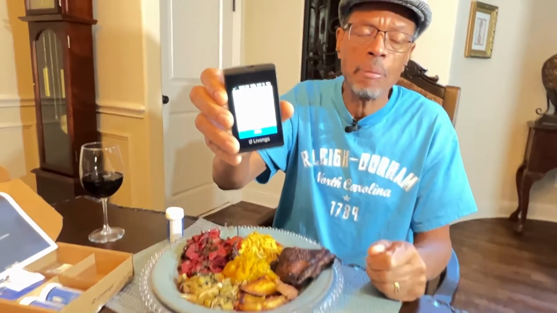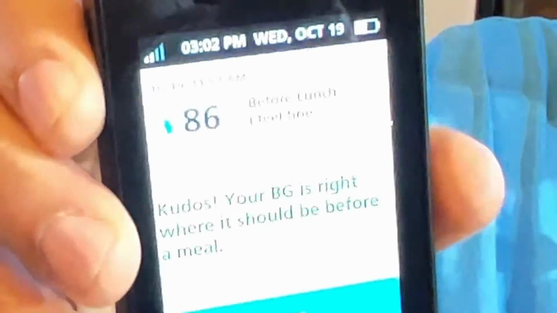So I tested my blood sugar already, but I'm going to test it again before I eat, just to show you. I tested my blood sugar about an hour ago, and I was at 86. Right? That's because it's almost 3 o'clock, and I had breakfast at 8:30, and I really hadn't had anything to eat since then. And I'm feeling fine because I had a really good breakfast.